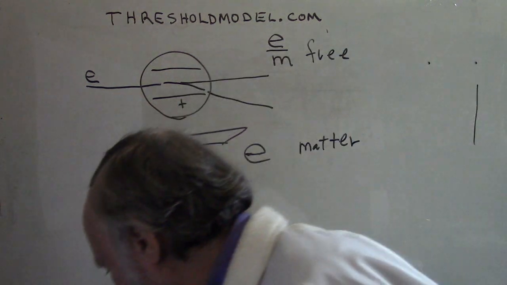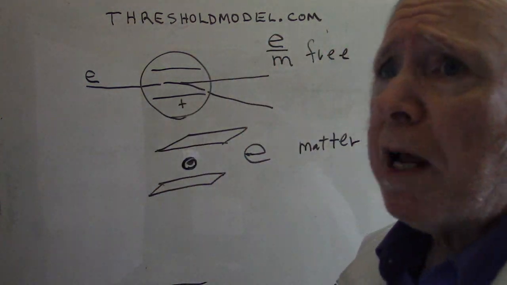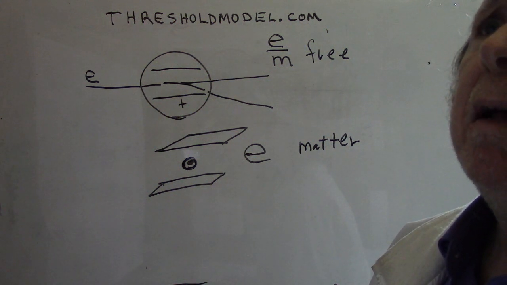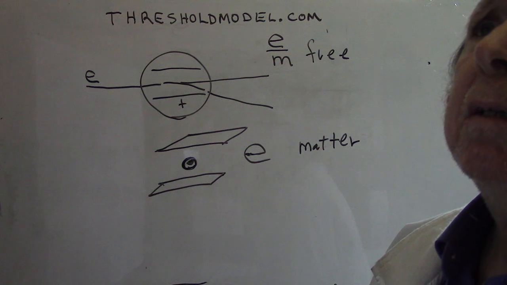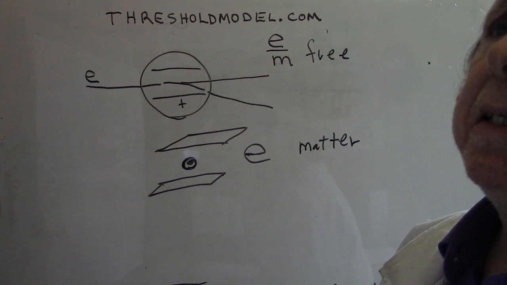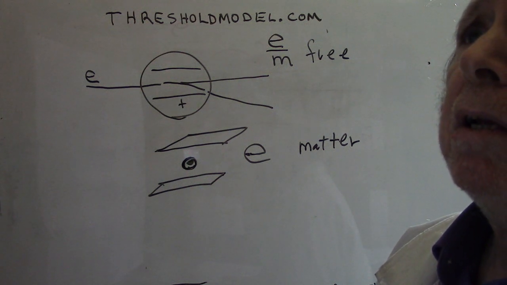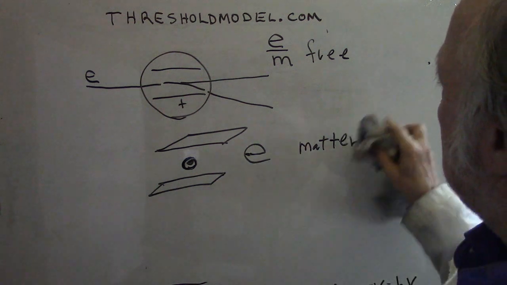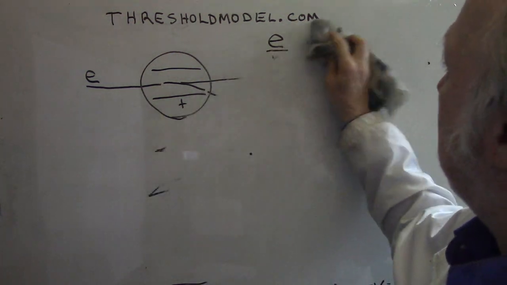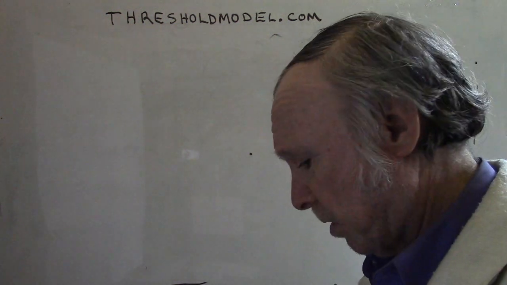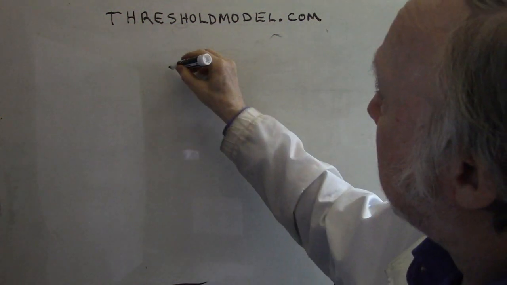So soon after, that was 1897, the charge to mass ratio, and 1898 quantized charge. In 1900, Planck devised his great equation.